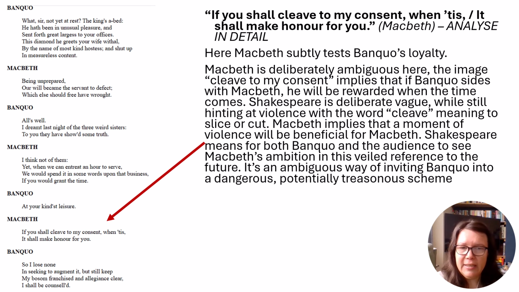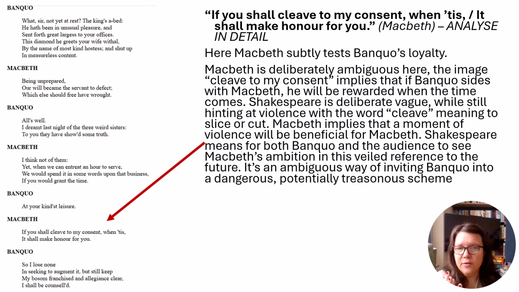And essentially what Macbeth here is doing is testing Banquo's loyalty. He's being deliberately ambiguous. He's using euphemism, but the word cleave, which means to cut or to slice, suggests something violent. So he's saying, if you slice in with me, if you cut in with me, I will reward you later on. It's almost like he's saying something beneficial for you is going to happen in the future.